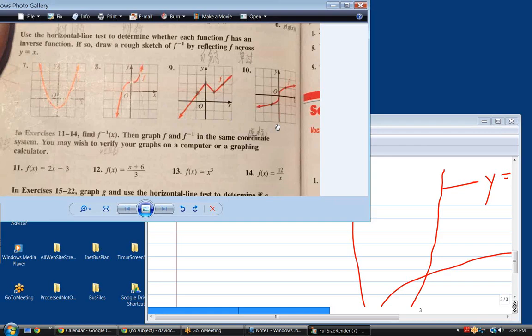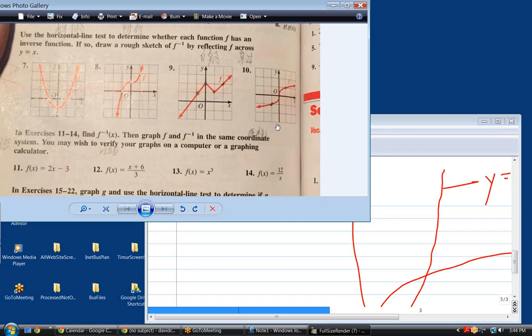Well, 10 is an interesting function. 10 looks to me very similar to what, if I did have to draw an inverse function for 8, it would be 10. The problem with 10 that I see is that it doesn't look like a function to me.